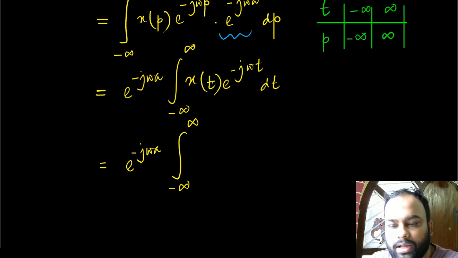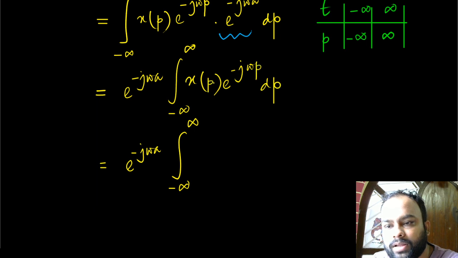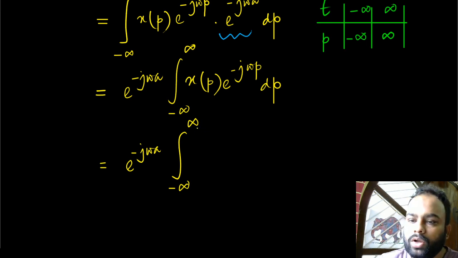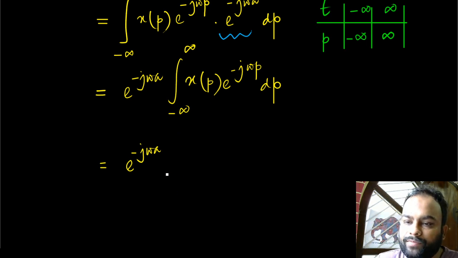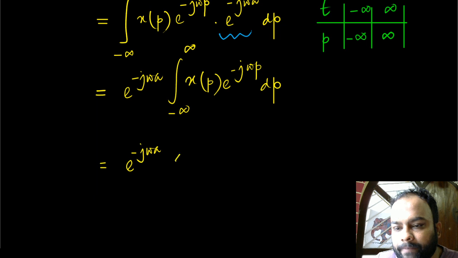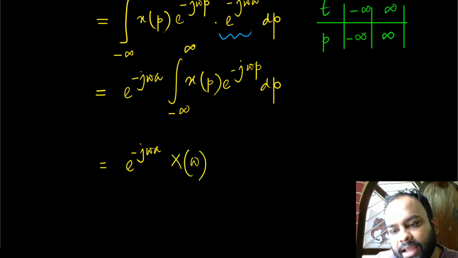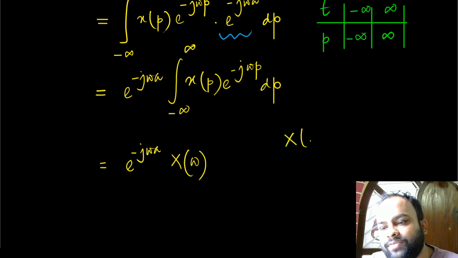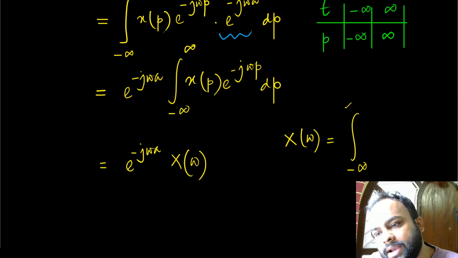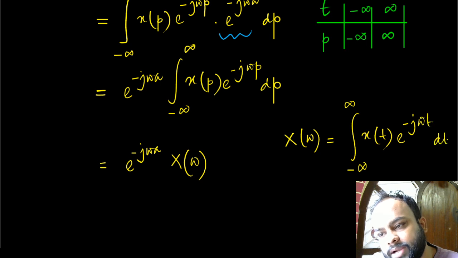So technically, let's go back. I can write anything I want here, so without writing anything, you can say that this is just X(omega). Simply because try to understand the definition of the Fourier transform: the integral from minus infinity to infinity of x(t) e to the power minus j omega t dt.